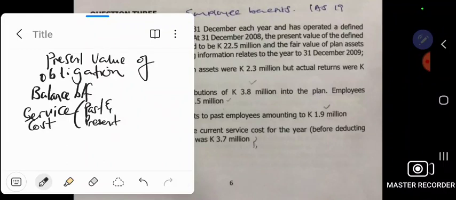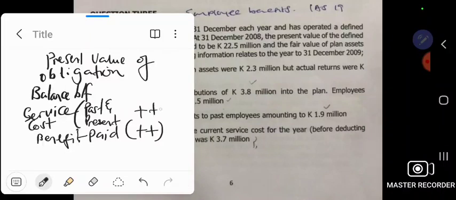You add, then they will be called service costs. Then another thing that you bring in here is any benefits that have been paid. They'll clearly state, don't worry, just listen to the way they phrase it, but it will stand out as benefits paid. We do the opposite to these actually. Benefits paid. So ideally, this is the format. These are subtracted, these are added. Of course, our balance brought forward is always added. That's the opening balance.